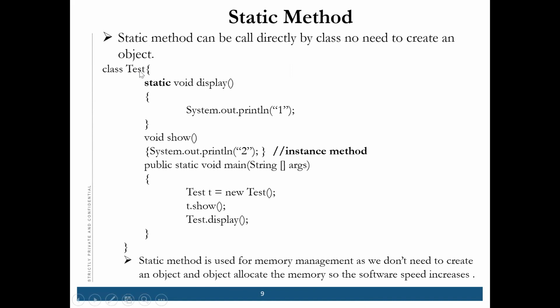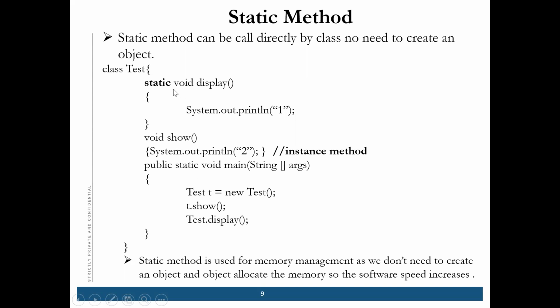How? Suppose there is a test class where we have created these two methods, one static and one non-static. Here we are just printing one statement. This is a static method and this is a normal instance method. In the main method, we are creating one object and calling this show method.